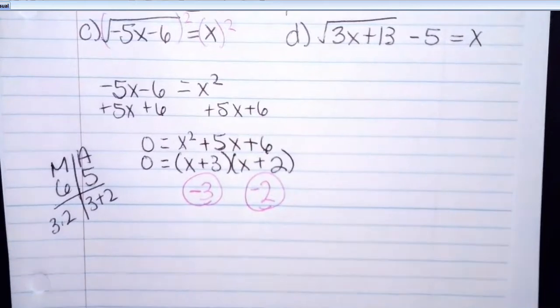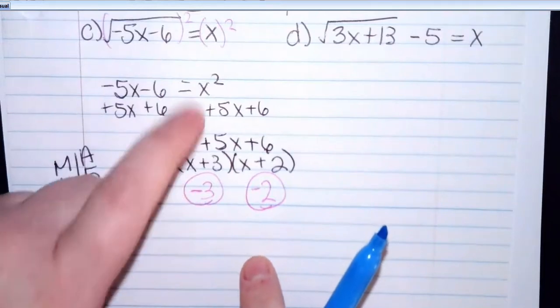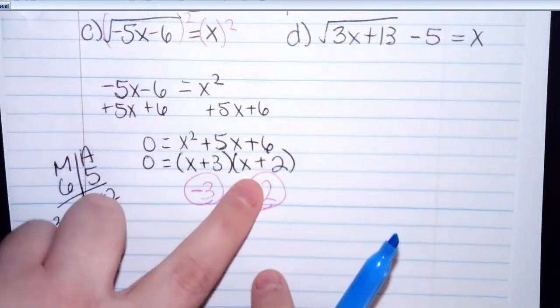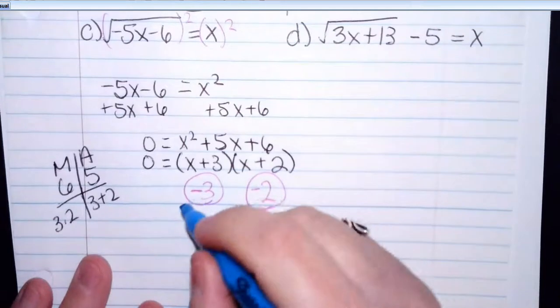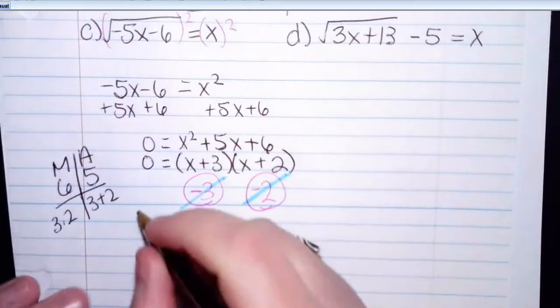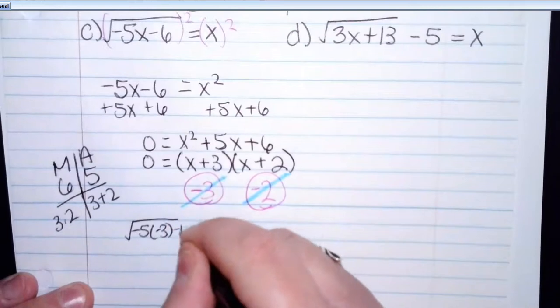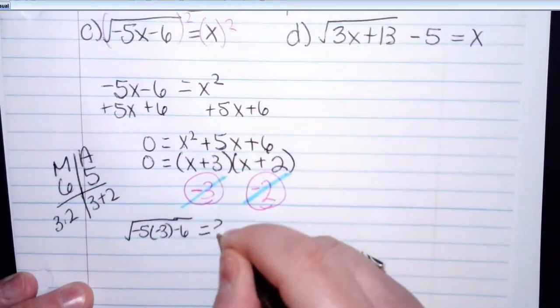Okay, now you might notice this right away, but again, I cannot have a square root equal to a negative. So in the original problem, before I squared that, we're going to have that equal to negative 3. We're going to have that equal to negative 2. Neither one of these answers works. If you want to go through and write it out, I would be happy to do that. If I want to check that negative 3, this is what I'm checking.